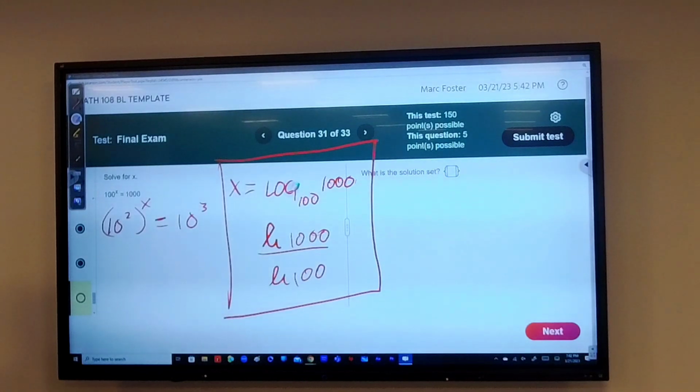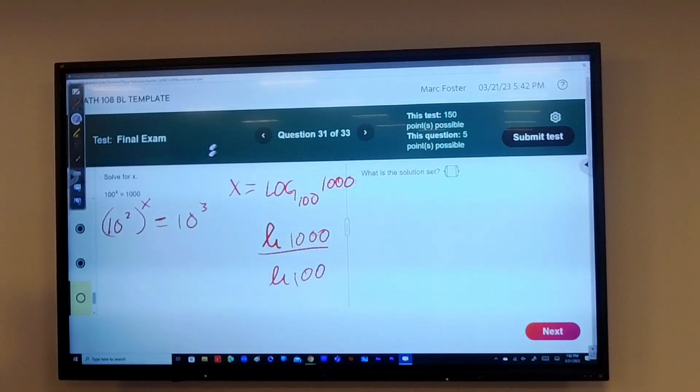How would you answer it with the solution set? 3 halves. Because look, the natural log of 1,000 is the natural log of 10 cubed.